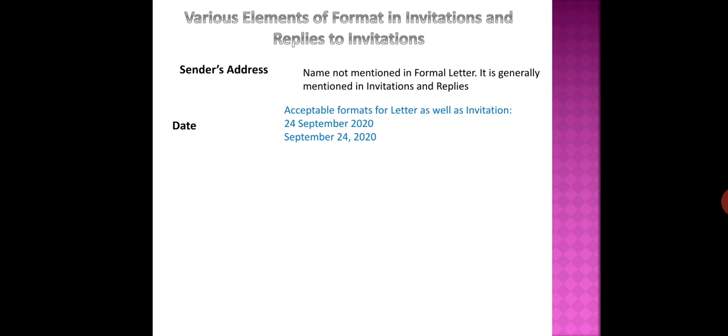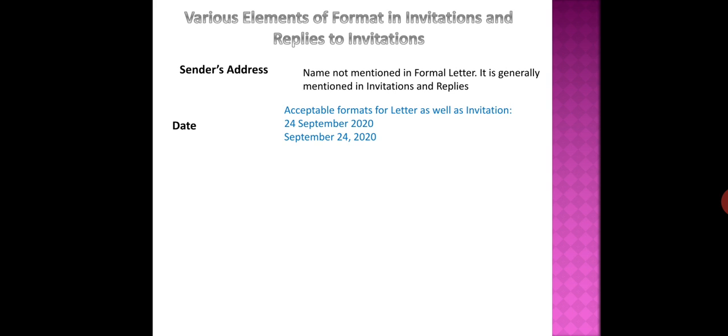In case of sender's address, the name is not mentioned in formal letters, but the name can be used in case of invitations and replies. That is how formal letters and formal invitations and replies differ. In case of date, the acceptable formats are 24 September 2020 without any comma anywhere, or September 24, 2020.